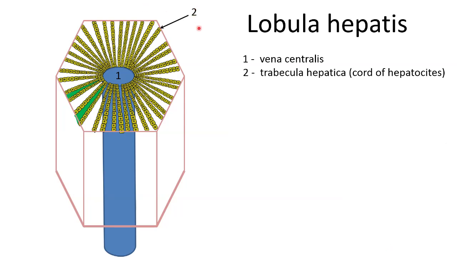They are named trabeculae hepatis. They are arranged radially, so they connect the vena centralis and the periphery of the lobule. Each of them is named a trabecula hepatis, or cord of hepatocytes.